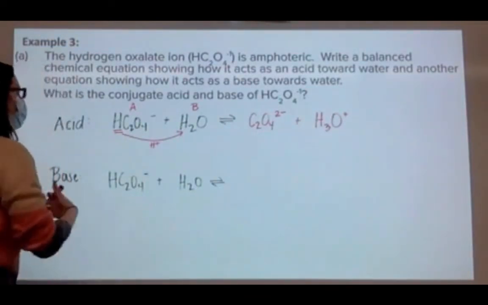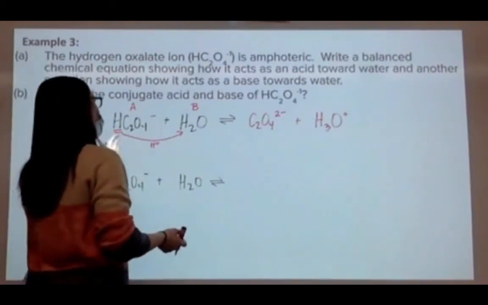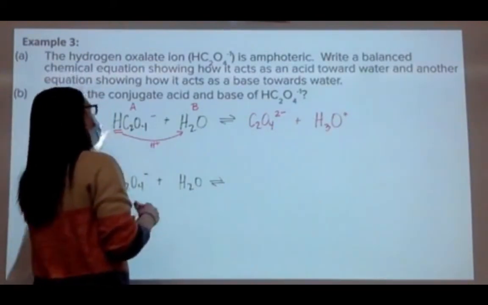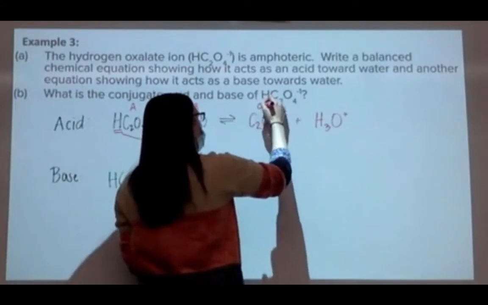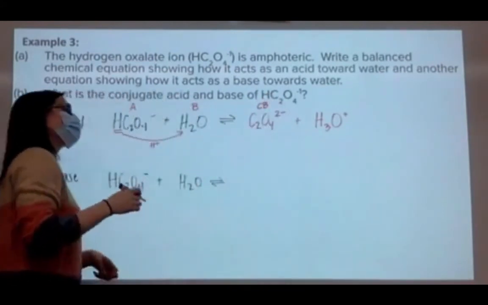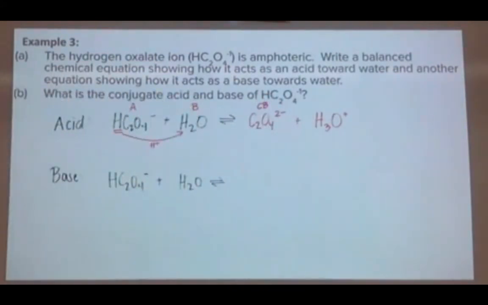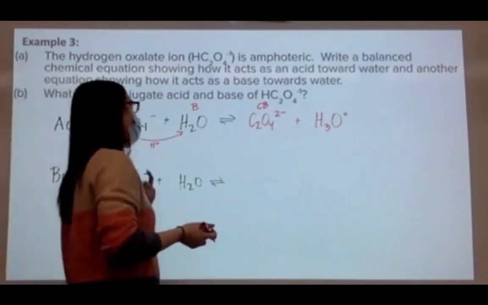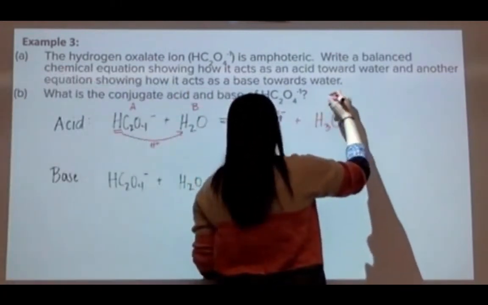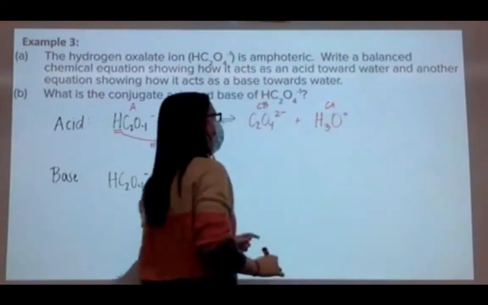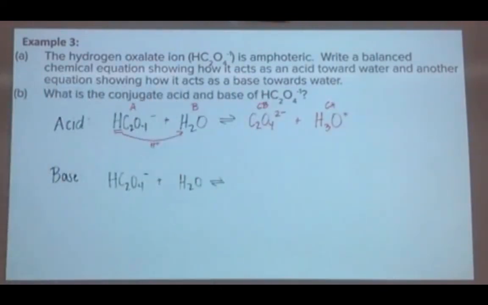If we label everything, hydrogen oxalate is the acid. After it loses the H+ and becomes oxalate, oxalate is the conjugate base. After water accepts the proton and becomes hydronium, that's the conjugate acid. Then we look at how it acts as a base toward water.